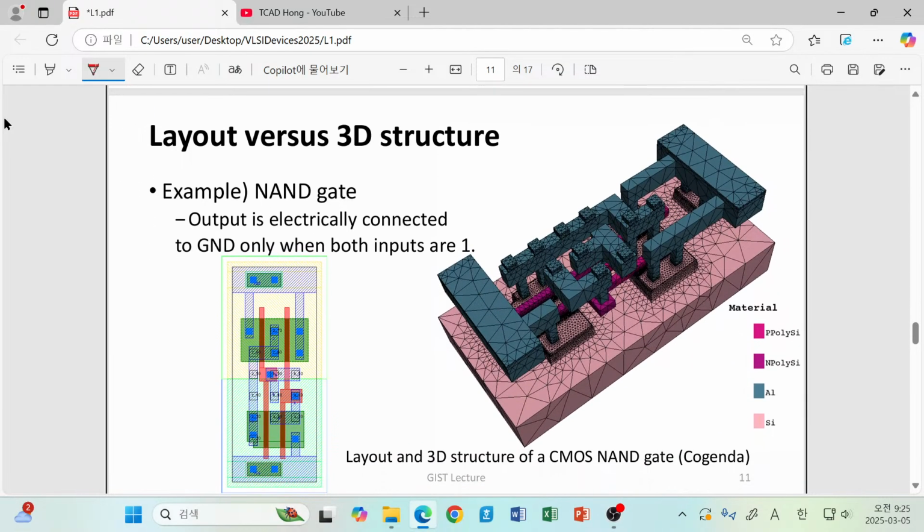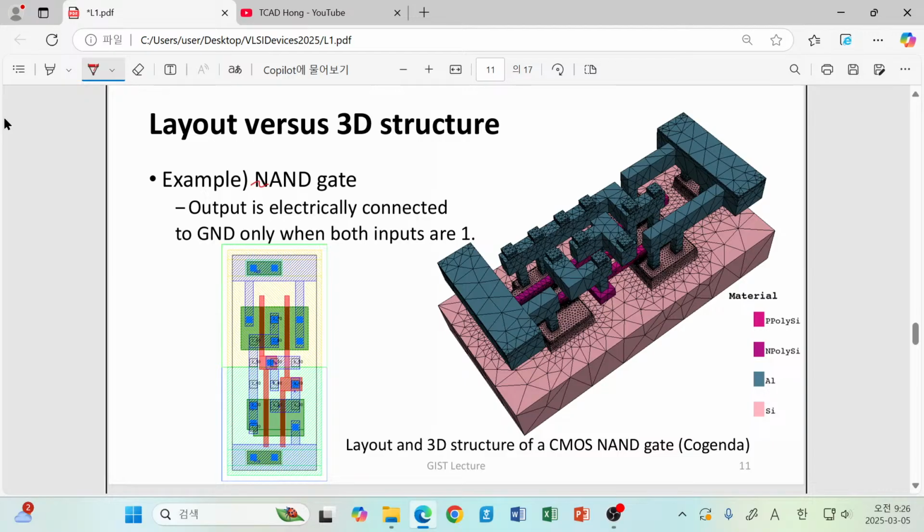So now I wanted to start from this concept, layout and 3D structure. For example, this is the example of a NAND gate. I hope that all of you already understand what NAND is. So NAND is NOT of an AND gate, and if you have two inputs A and B, only when you have A equal to logical 1 and B equal to logical 1, then usual AND will give us just 1, and NOT of this AND becomes 0.